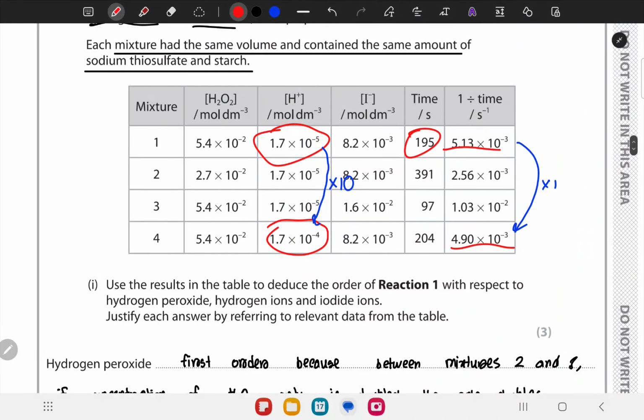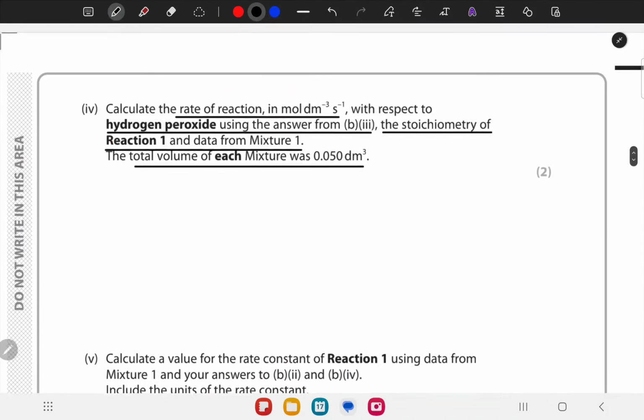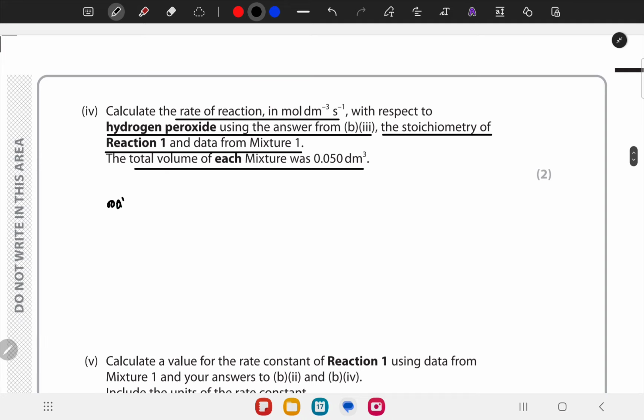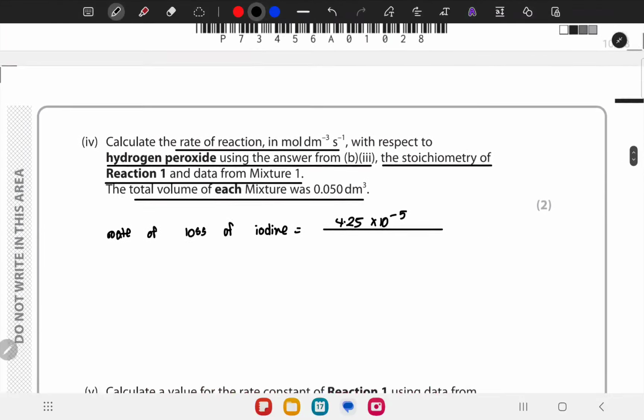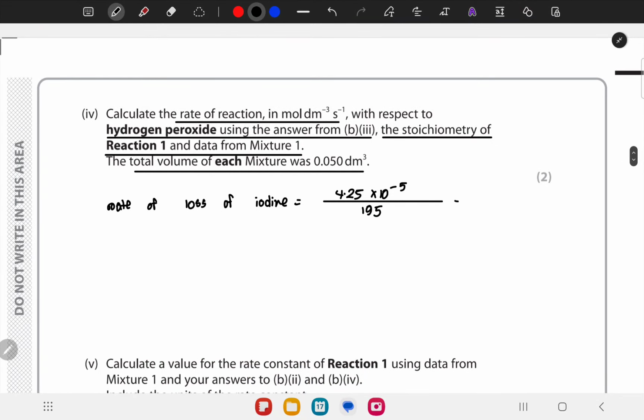Here the time taken was 195 seconds, so the rate of loss of iodine was equal to 4.25 × 10^-5, which we found in the last part, divided by 195 seconds. So 2.18 × 10^-7 mol per second.